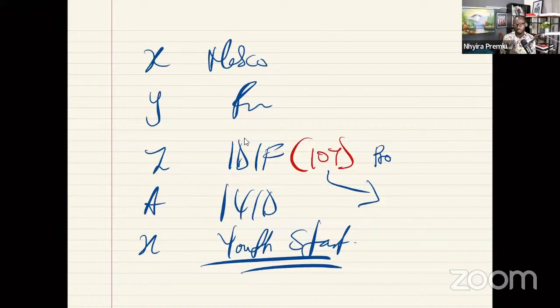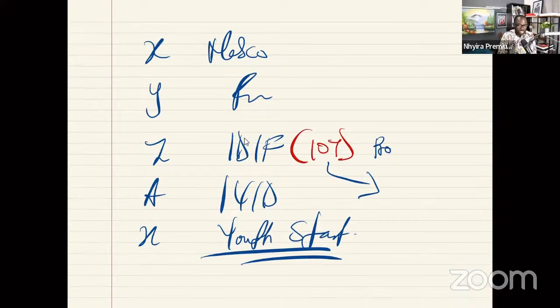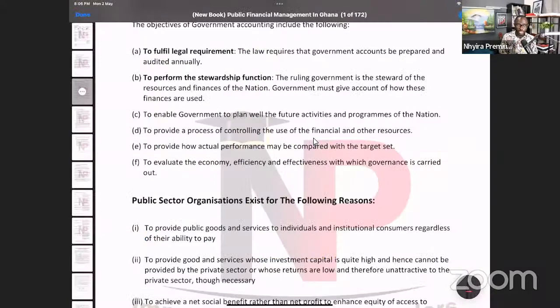And so that means that allegedly there should be more jobs, isn't it? It should create more jobs, but that is where, again, there is a problem about data, because you hear the finance minister saying the jobs that have been created, but the Ministry of Trade and Industry will say something else. The president will mount a pulpit and say another thing. So again, you don't know who is saying the truth, but that's the objective of government accounting. It helps government to plan for the future.